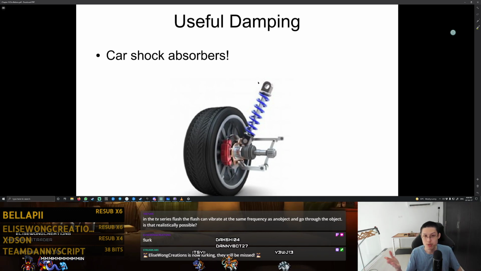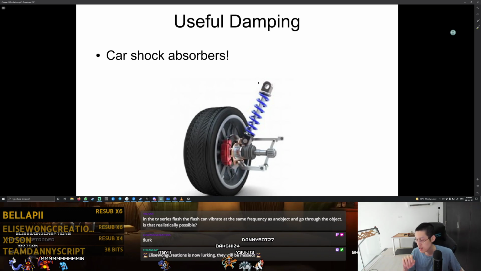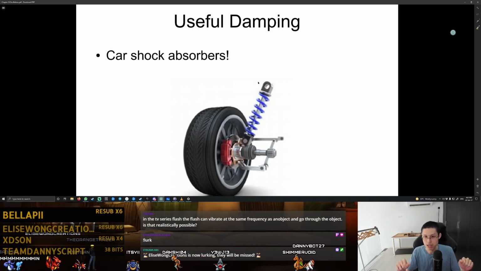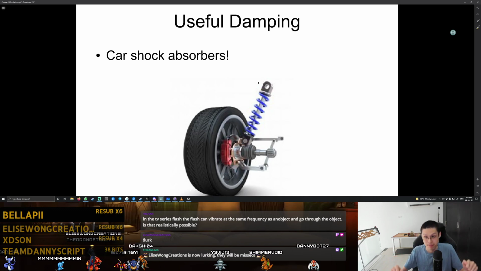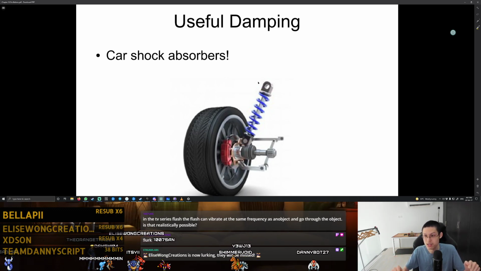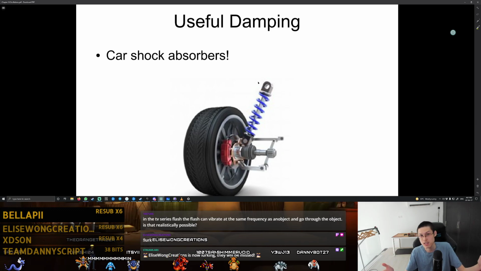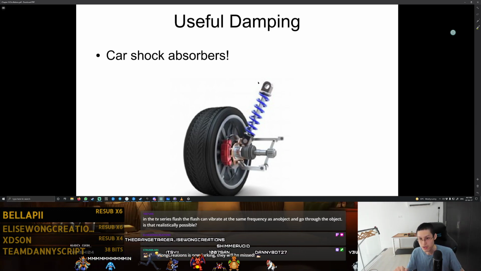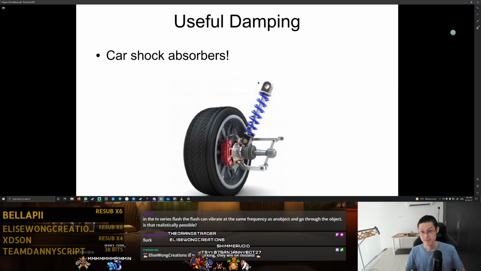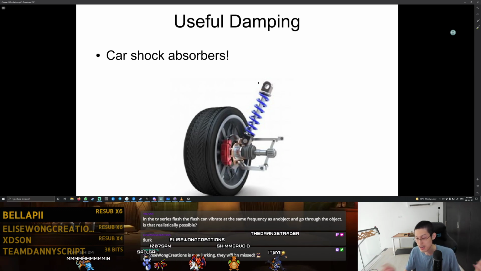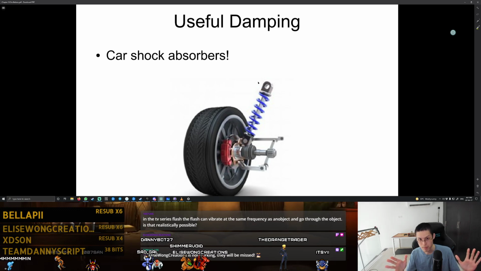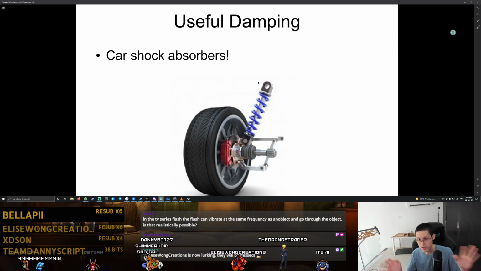So what if we use light damping? It's still going to bounce, but it's going to decrease exponentially, which again is not great. What if you have heavy damping? Then it just goes like this. Again, it's also unpleasant, right? So you want critical damping because you want it to stop bouncing in the shortest amount of time.